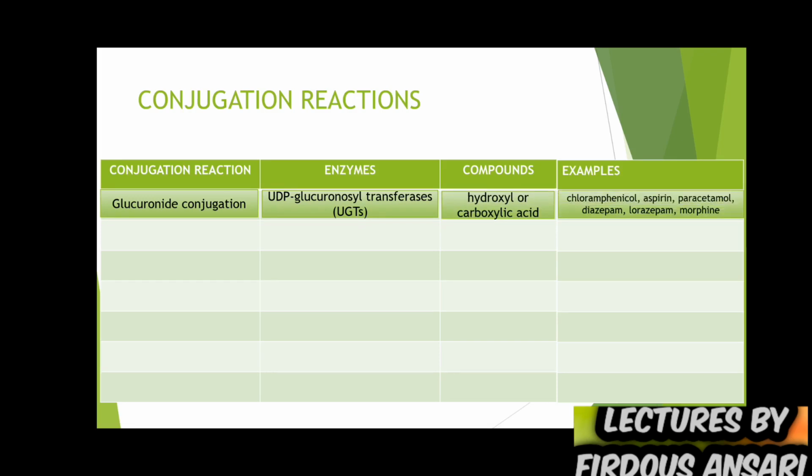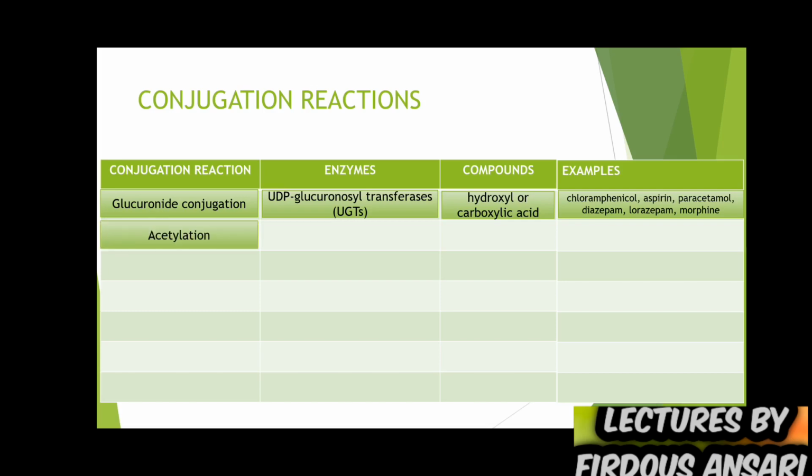Examples are chloramphenicol, aspirin, paracetamol, lorazepam, morphine, metronidazole and so on. Not only drugs but endogenous substances like bilirubin, steroidal hormones and thyroxine utilize the same pathway. So glucuronidation increases the molecular weight of the drug, which favors its excretion in the bile. Okay, so this was regarding the first.